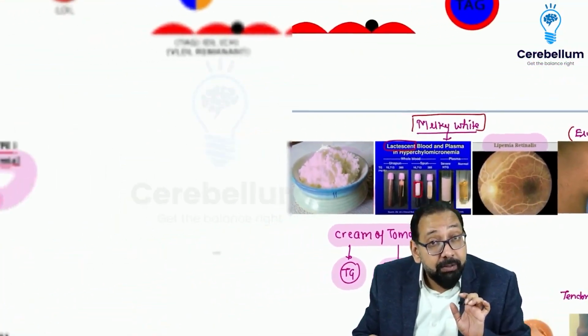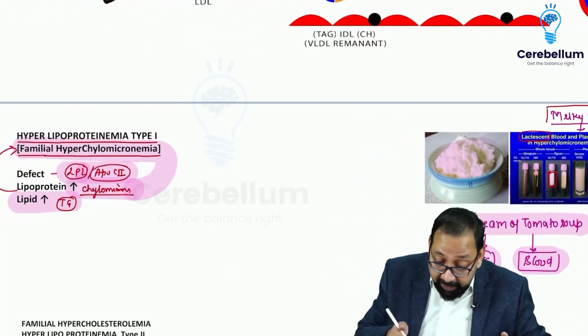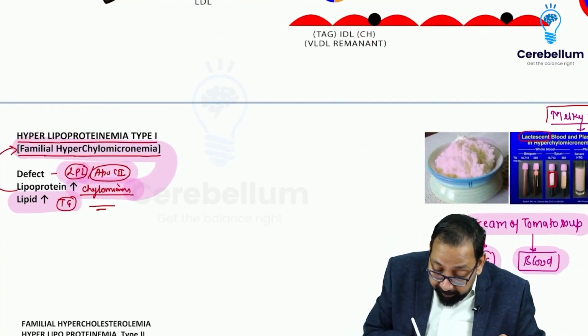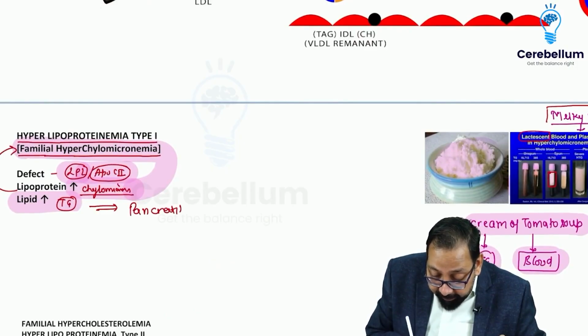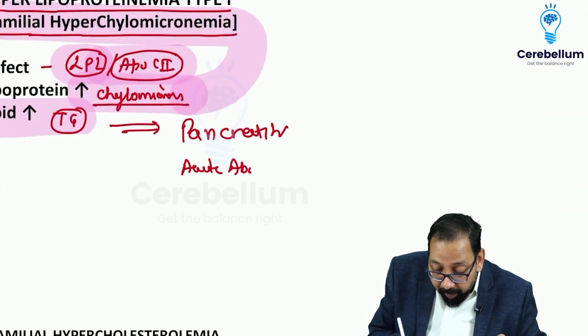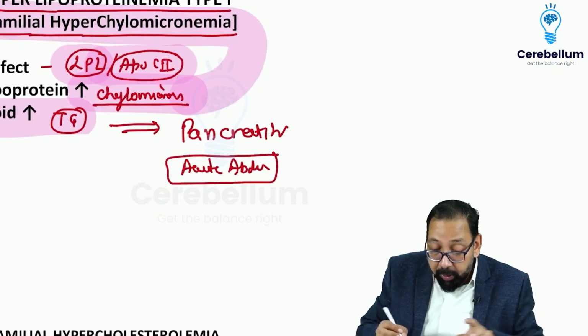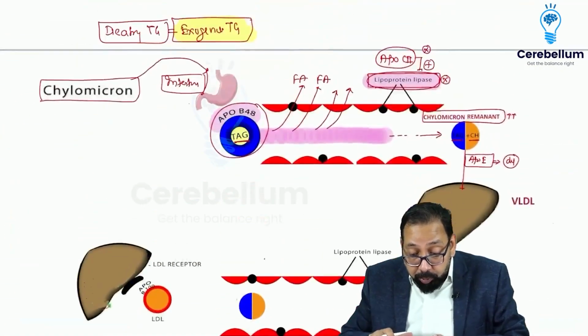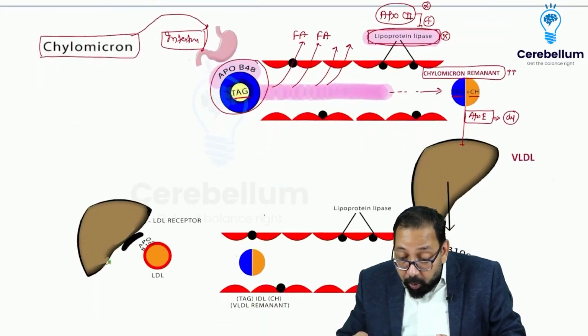And in surgery, we have read that wherever triglycerides are increased, they put pressure on the pancreas, causing pancreatitis, which presents with acute abdomen, pain abdomen.